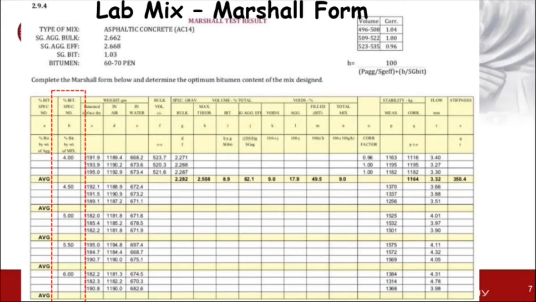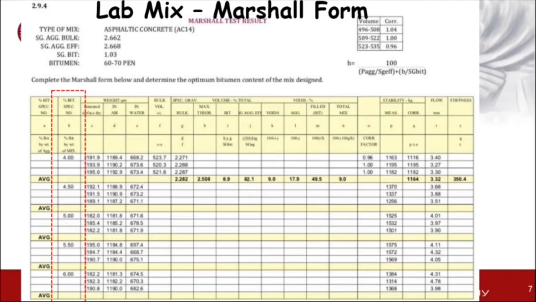Normally, for a Marshall sample, the total weight of each sample is 1,200 gram or 1.2 kilos. So the bitumen content and aggregate content are calculated by taking the percentage, let's say for the first trial, 4% bitumen content and 96% aggregate content, of the total weight of 1,200 gram.